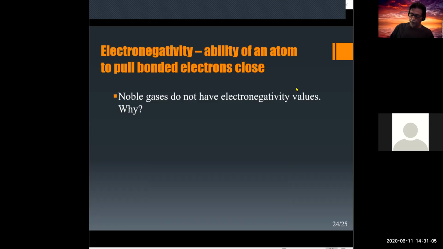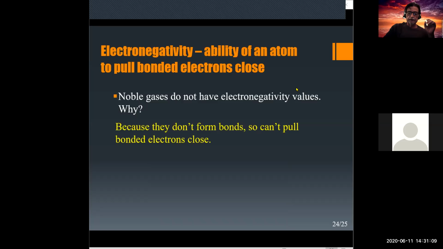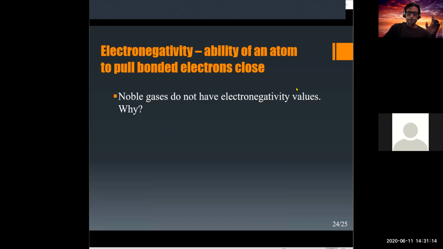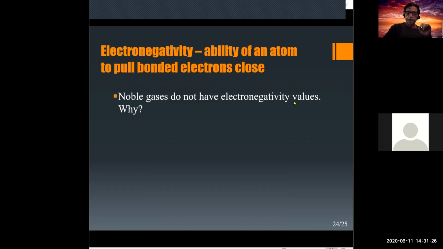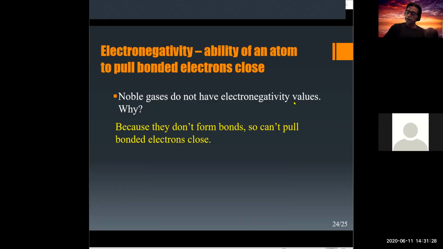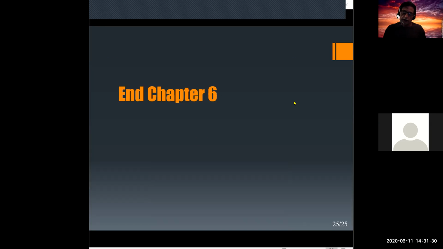They don't react. They don't do anything. So no electronegativity. Remember the trend: left to right, EN increases, and bottom to top, electronegativity increases. That being said, do take a look at those videos on electronegativity and ionization energy.